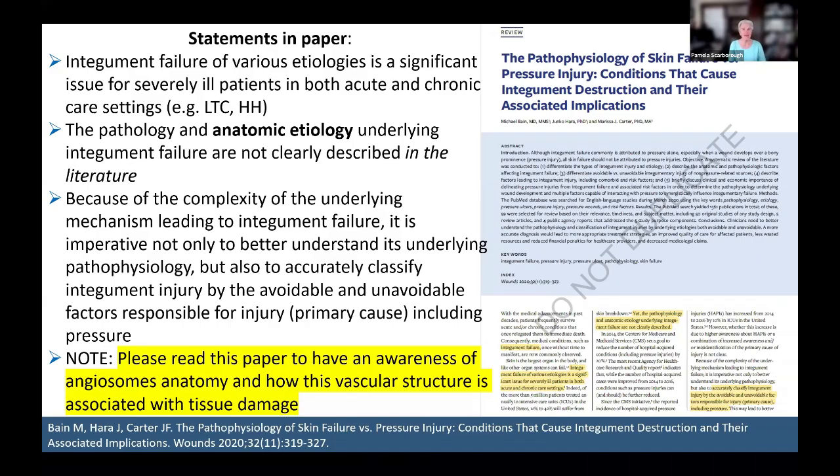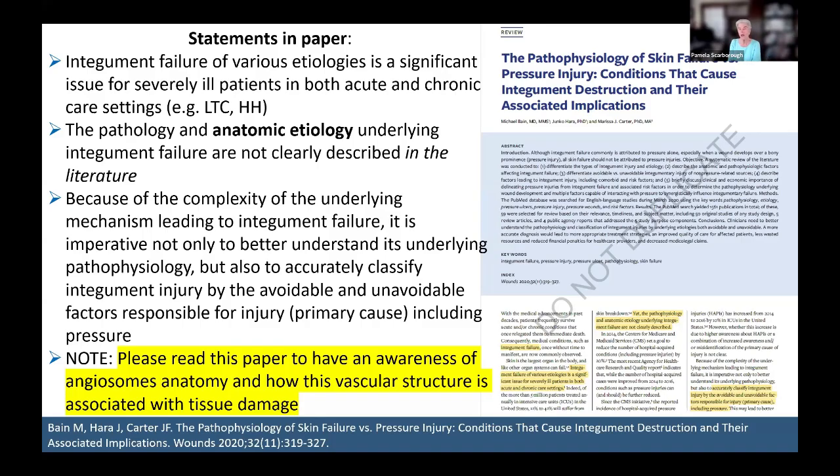So when we look at all of this, the pathology and the anatomic etiology underlying integument failure is not clearly described in the literature. I get that, but we're trying to get there. We are trying to get there. And because of the complexity of the underlying mechanism leading to this failure, it's imperative to not only have a better understanding of its underlying pathophysiology, but also to accurately classify this integument injury as avoidable or unavoidable.